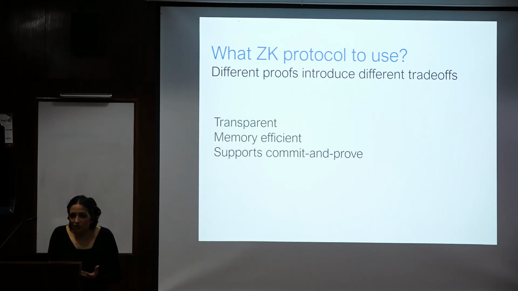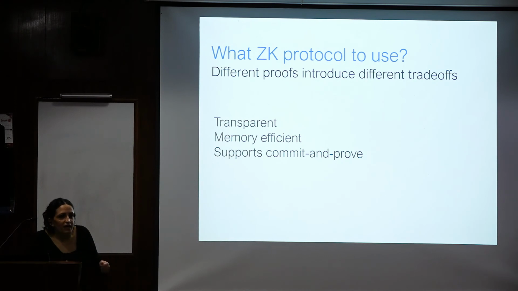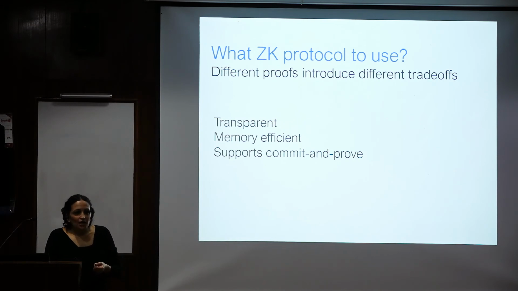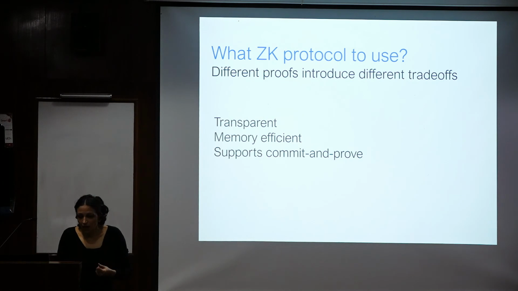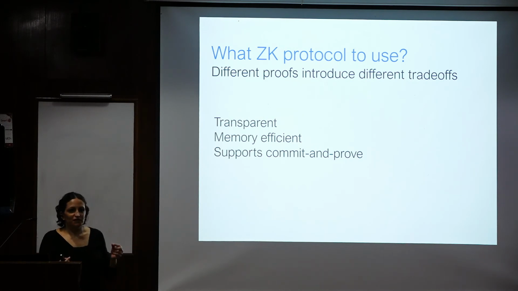For the purpose of this project, we identified the properties we require from our zero knowledge proof. We want it to be transparent, so you can also collapse the rounds. It must be memory efficient, definitely at this scale. And it should be commit-and-prove friendly.